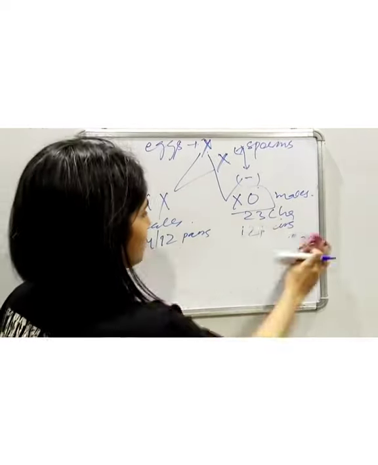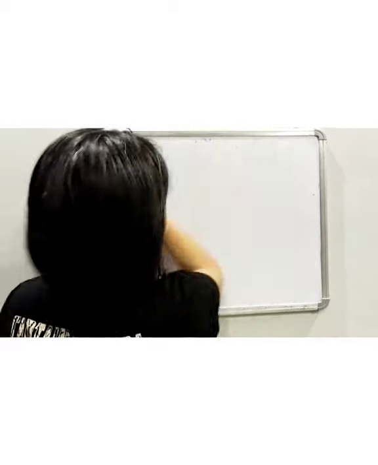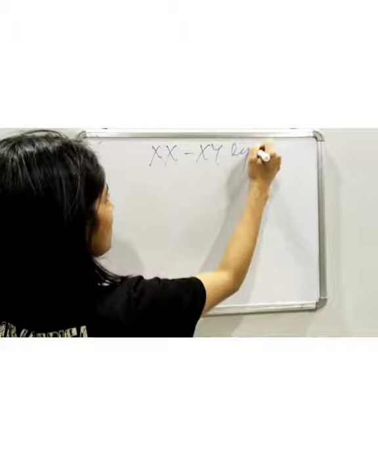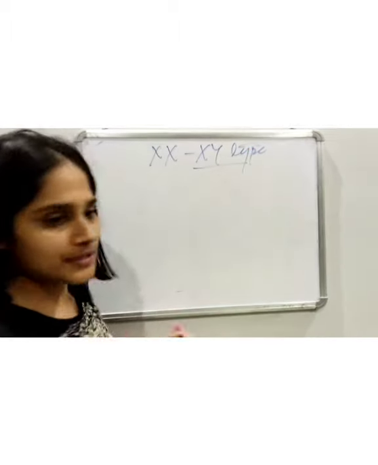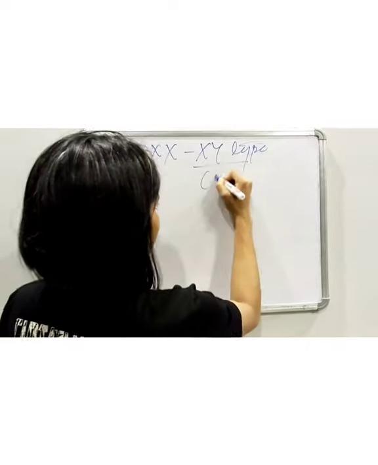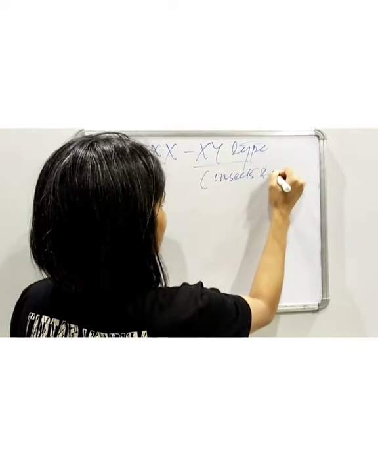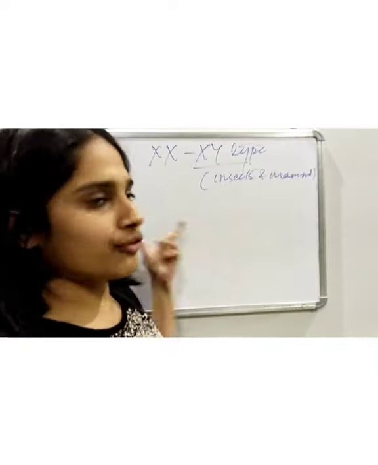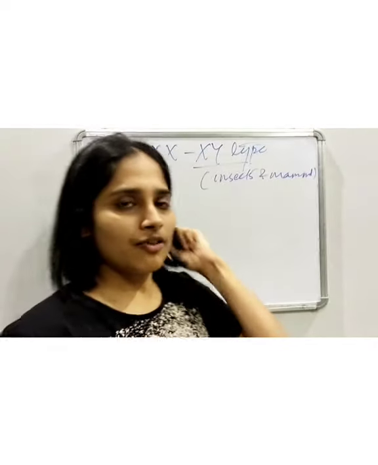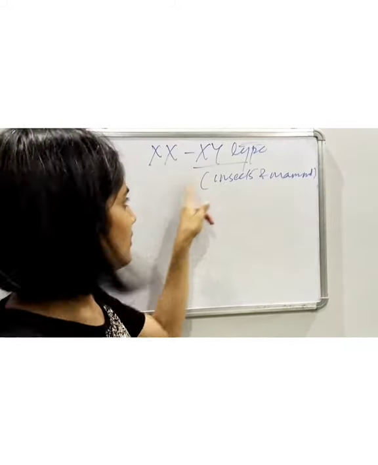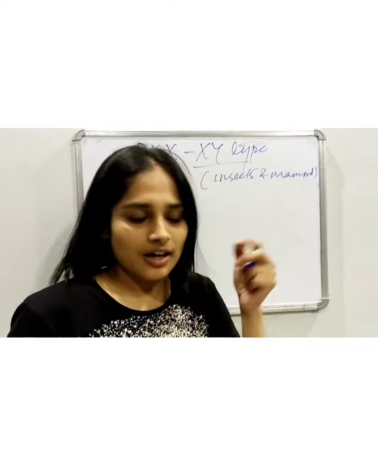Now we'll study the XX and XY type, which is present in mammals and in insects. In insects and mammals, we have XX and XY type of chromosomes, which identify the sex of that particular organism.